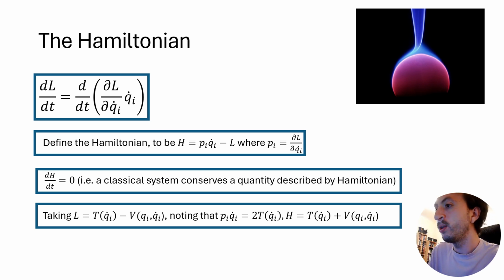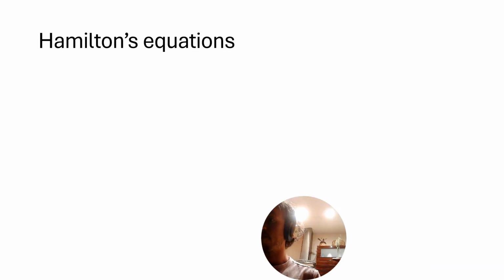Now in the next slide we're going to be moving on to Hamilton's equations, now that we've defined the Hamiltonian and also our conjugate momentum, and that will lead us on neatly to a brief discussion in this video at least, of chaos physics.